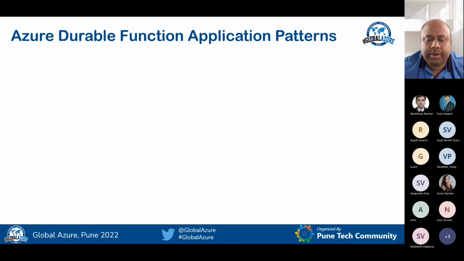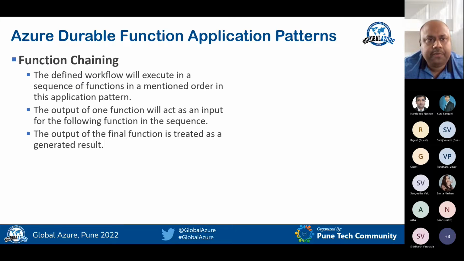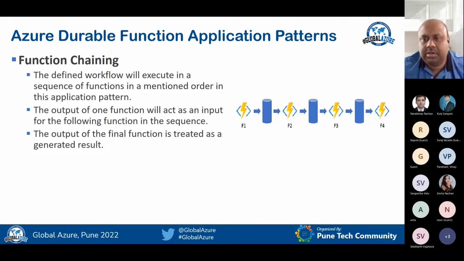When we develop Azure durable functions, we can implement them in different patterns. One of the default patterns is function chaining. Function chaining is a single, one-to-one sequential flow. This image clearly explains how it works. There are 4 functions defined.